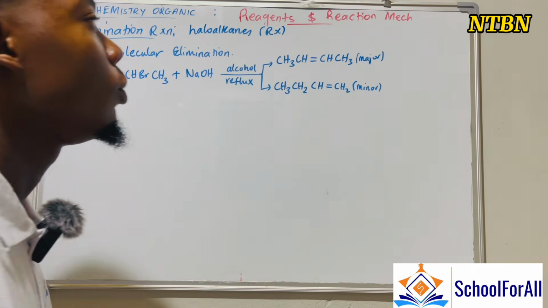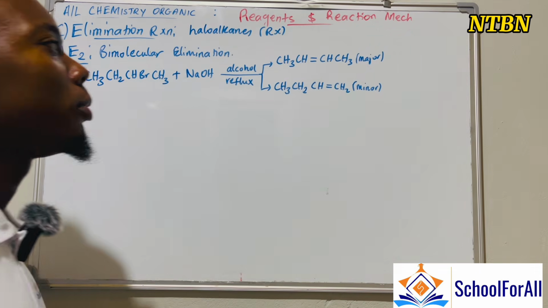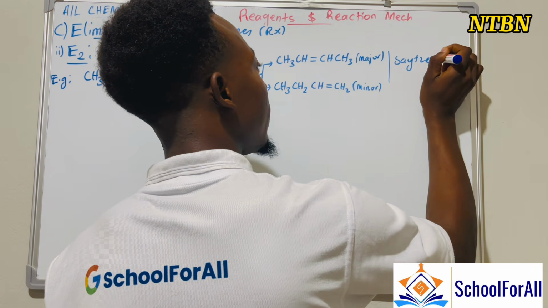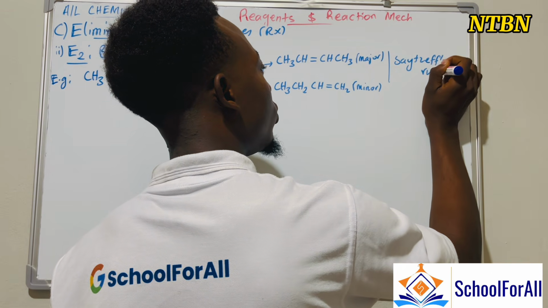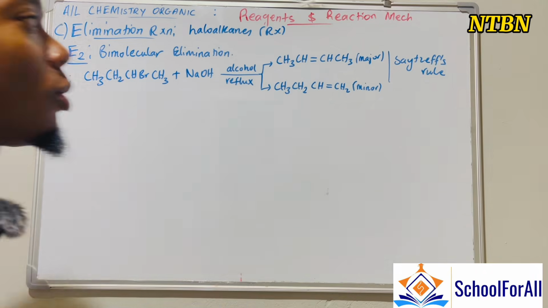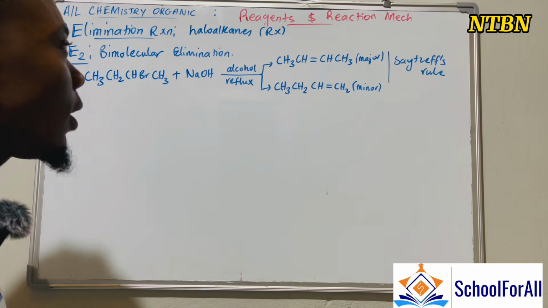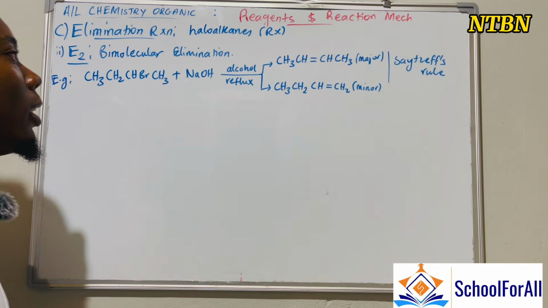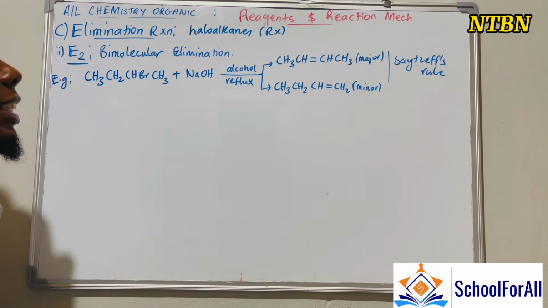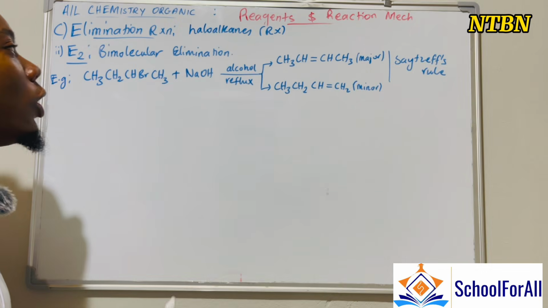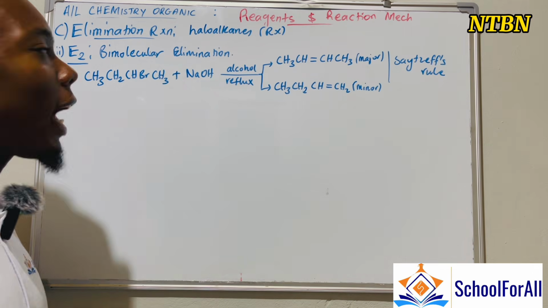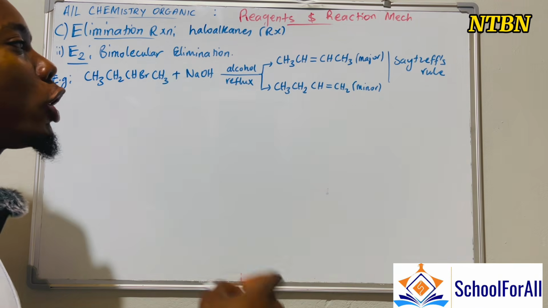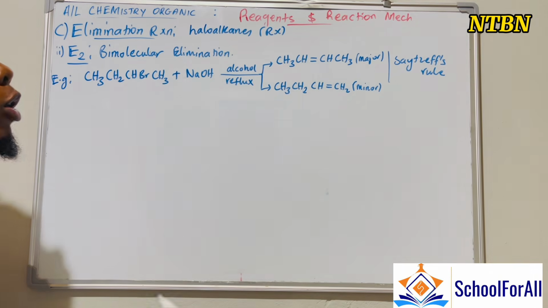What governs the rule to know the major and minor product? This is Zaitsev's rule. Zaitsev's rule determines the major product in an elimination reaction. It states that in an elimination reaction, the hydrogen atom will be removed from the carbon that is more substituted.